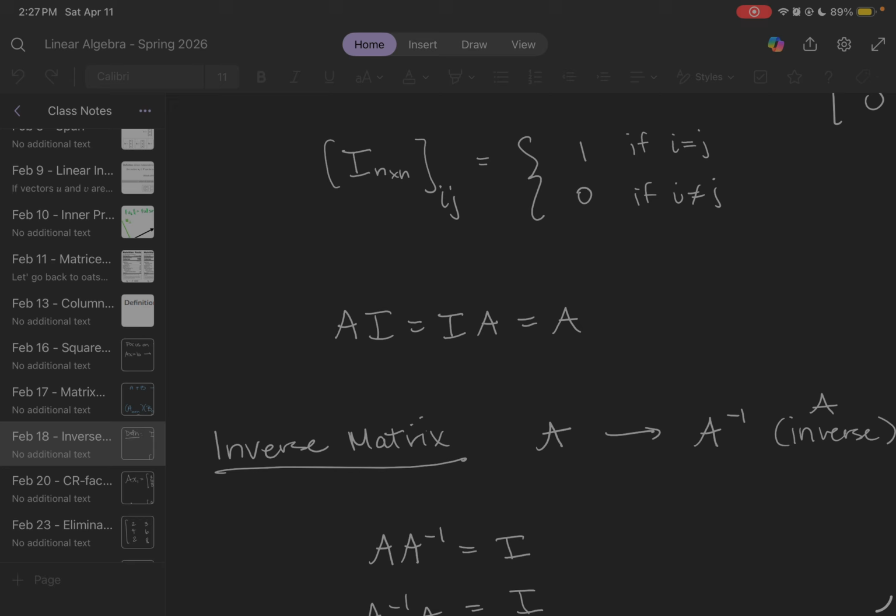So we know that A times I is always equal to I times A, which is equal to A. If we think about this mathematically, when we multiply, each column is a linear combination of the column itself and 0 of the other columns.